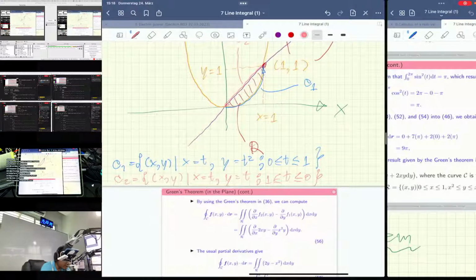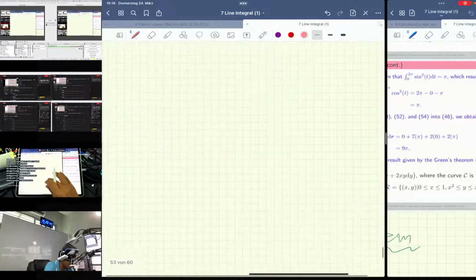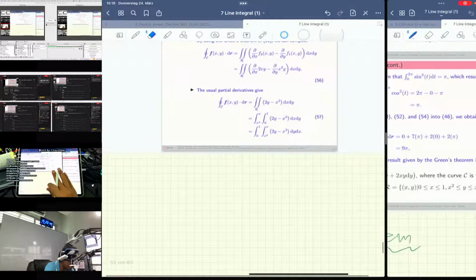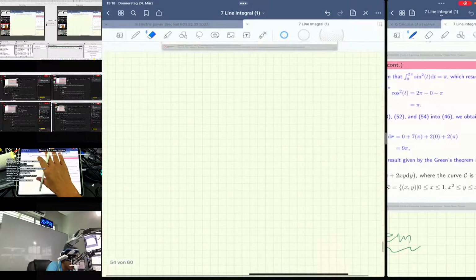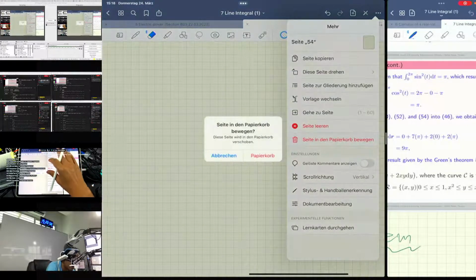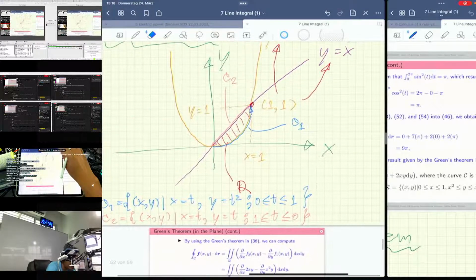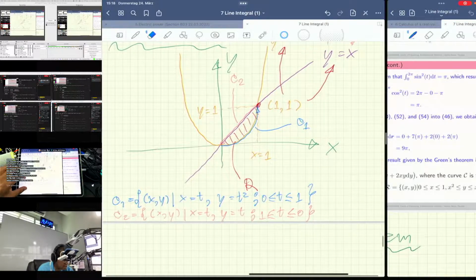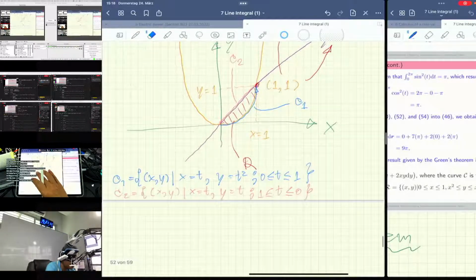Now we are going to do it in the line integral manner, so we need more space. The integration will be the following.